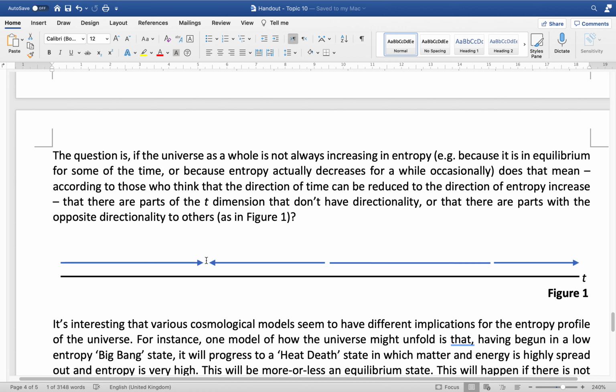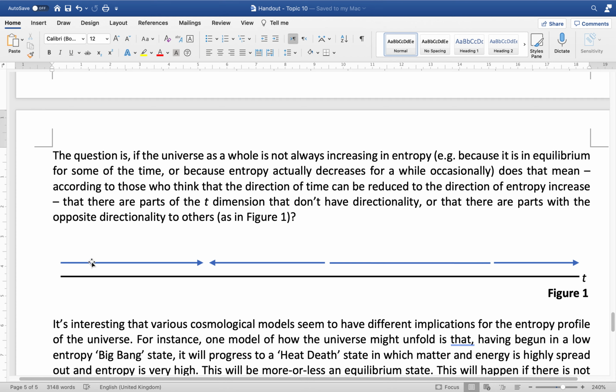But then suppose, just as a matter of chance, because we suppose that eons and eons have elapsed, we get a period, maybe a shorter period, I haven't illustrated that on the diagram, of entropy decrease. Well, would that mean that the arrow of time was reversed for that portion of the t-axis, because now entropy is decreasing rather than increasing, and we understood the direction of time in terms of the direction of entropy increase?